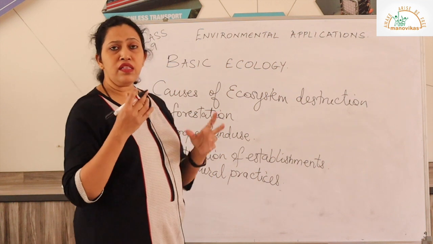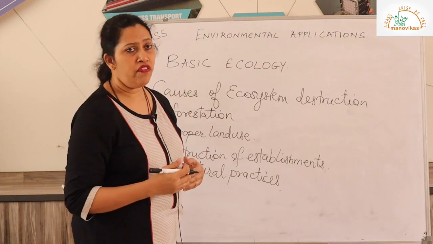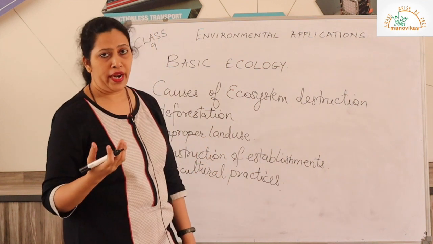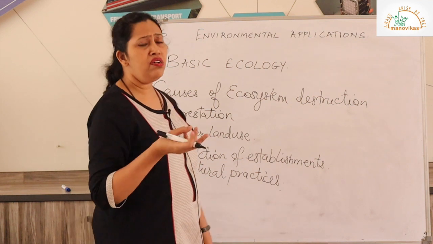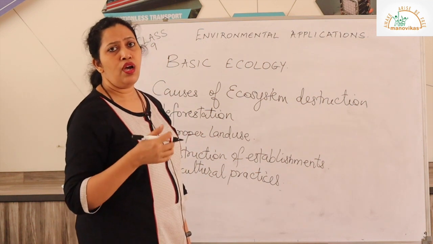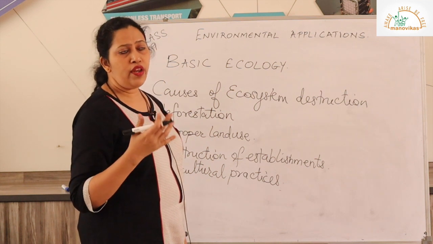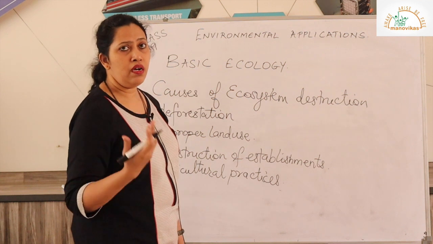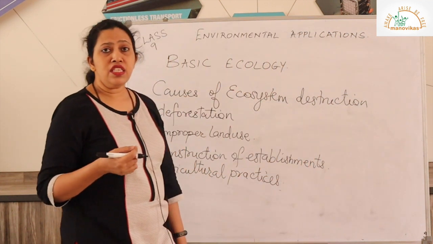So we are not giving the soil time to replenish itself, and that is why it is a wrong practice. There are many other wrong practices in agriculture, like using chemical pesticides and fertilizers again and again, which makes the soil unusable after some days.